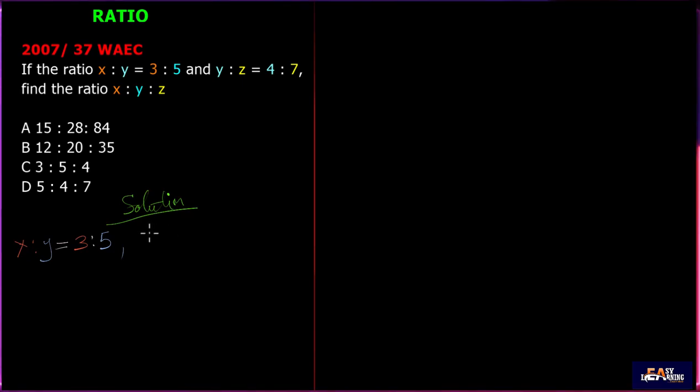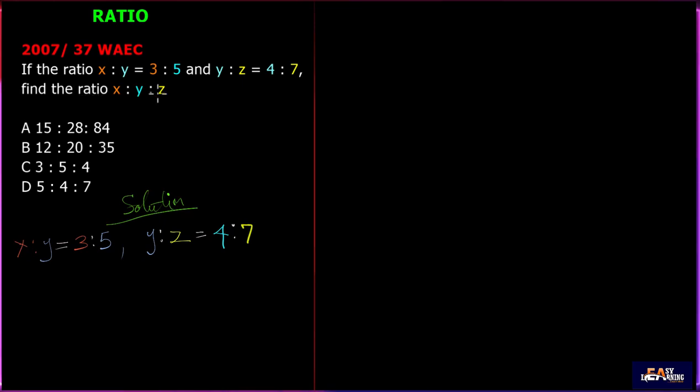This one is y is to z, and y is to z here is equal to 4 is to 7. Okay, let's have this 4 and 7. That's fine. 4 is to 7.